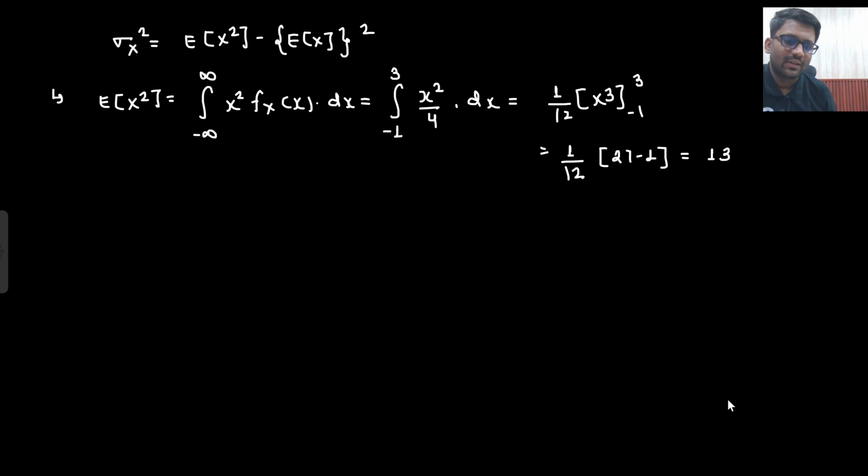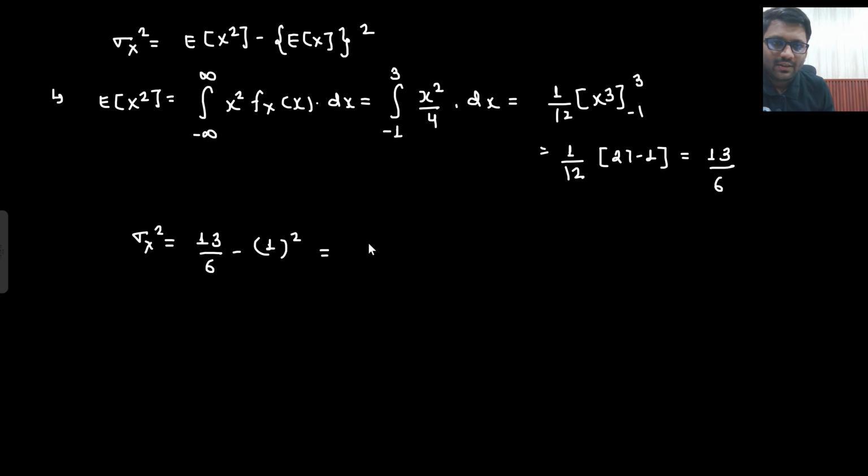It is coming out to be 13 by 6, right? So what is your sigma x square now? Sigma x square is 13 by 6 minus, this was 1. So 1 square will be 1 only, no? 1 square will be 1 only. So what is the answer you are getting?